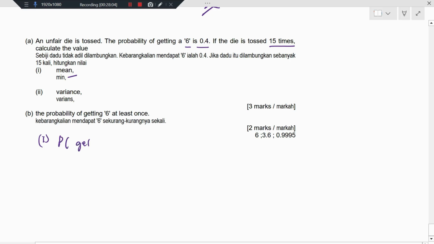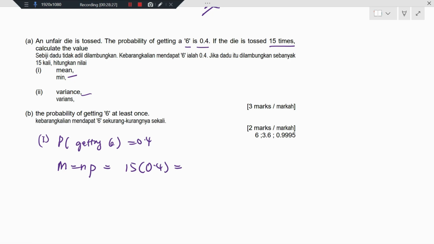Probability of getting 6 is 0.4. So if the die is tossed 15 times, calculate the value of mean. This is simple. Mean is np, right? So 15 times your probability of success, which is 0.4. So 15 times 0.4 is 6.